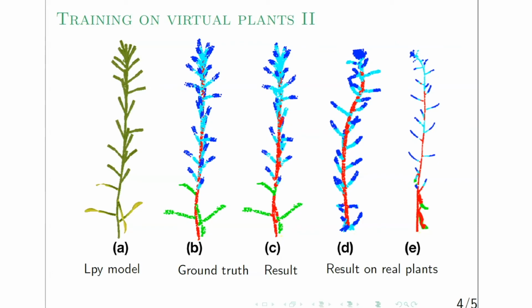We tried this on D and E, and you see that it kind of works, but there are some problems at the tip. The main stem at the tip is not well segmented, and the leaves at the base are not well segmented either.